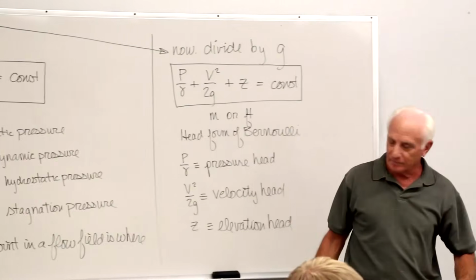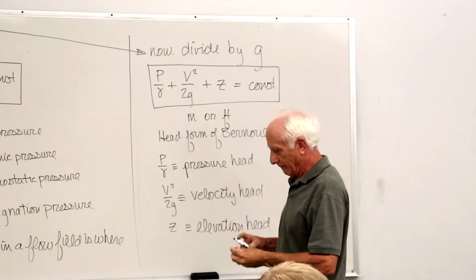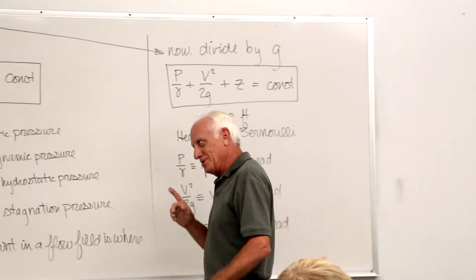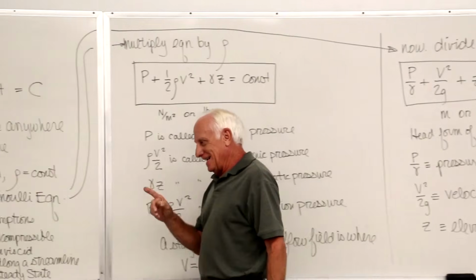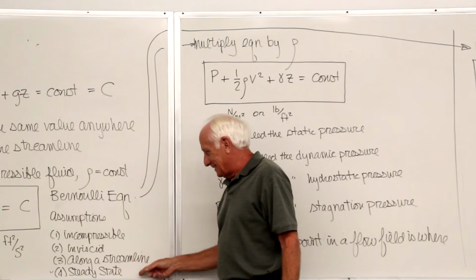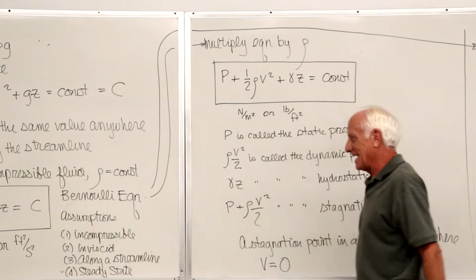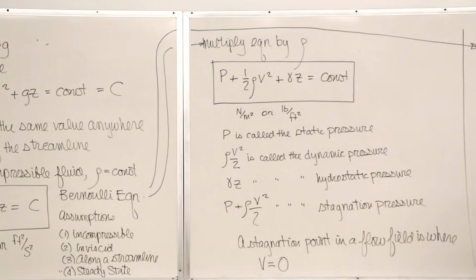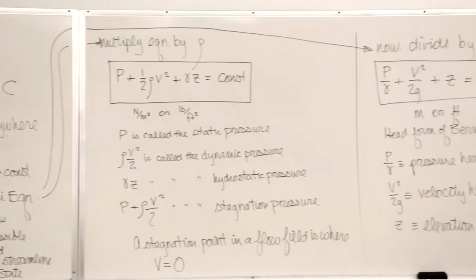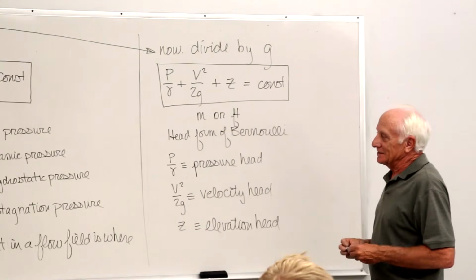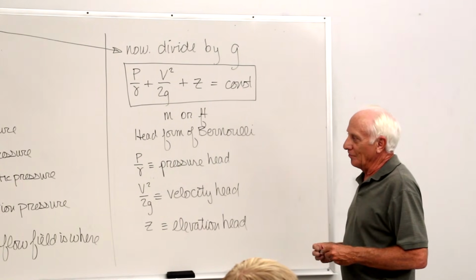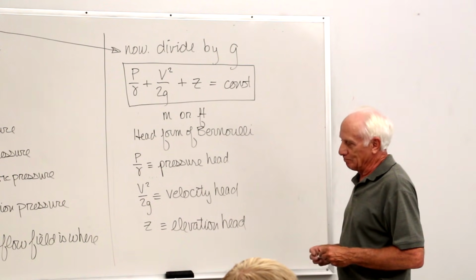So it depends again which one you want to use. But no matter which one you use, for right now, these four things have to be satisfied: incompressible fluid, inviscid fluid, steady state situation, and only apply it along a streamline.